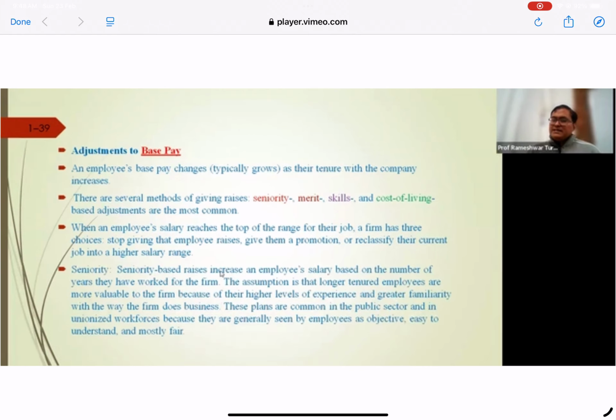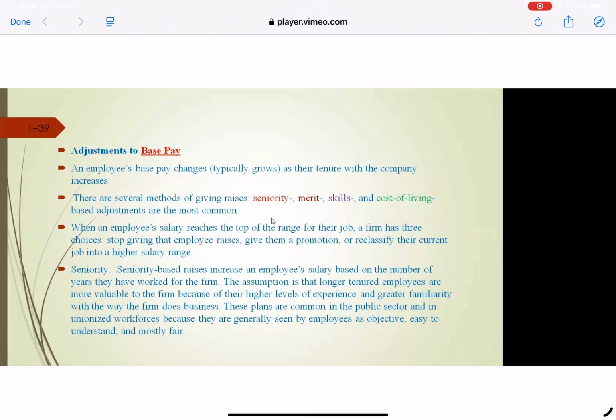This is called seniority based raises. It increases an employee's salary based on the number of years they have worked for the firm. The assumption is that longer tenured employees are more valuable to the firm because of their higher levels of experience and greater familiarity with the way the firm does business. These plans are common in the public sector and in unionized workforces, because they are generally seen by employees as objective, easy to understand and mostly fair.